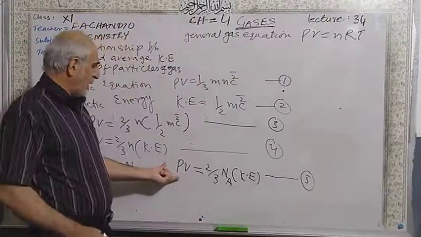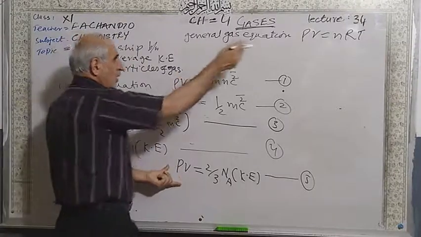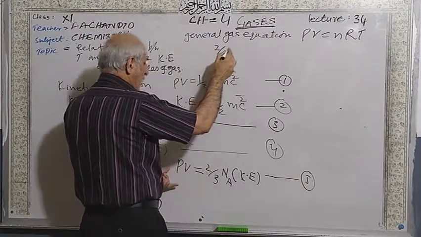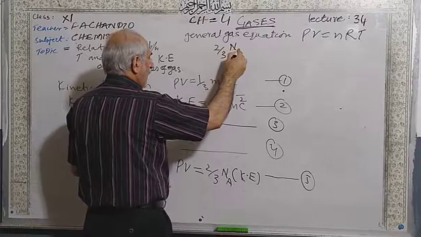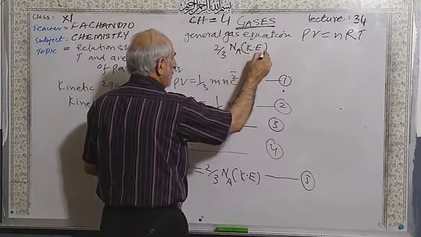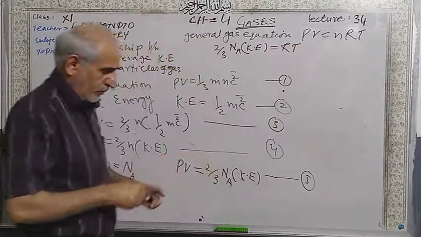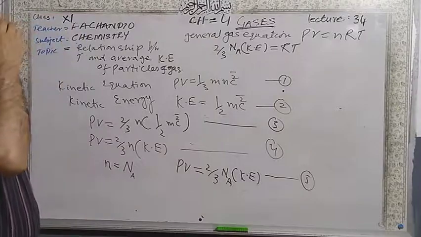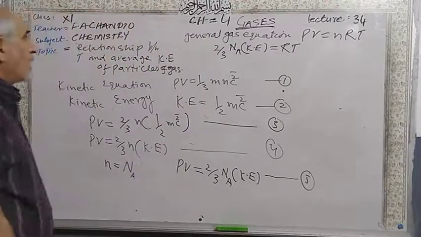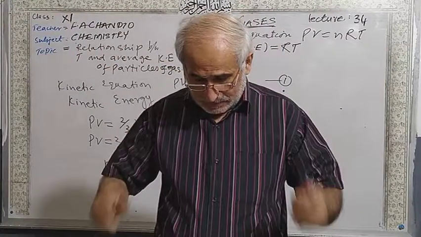Then instead of PV, I write 2 over 3 kinetic energy is equal to RT, where n is 1 mole of the gas.